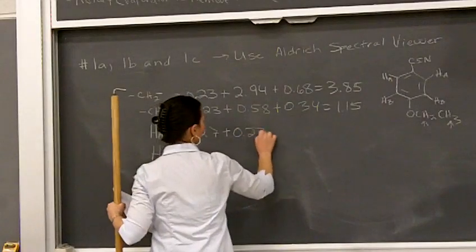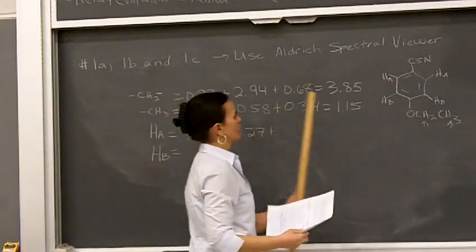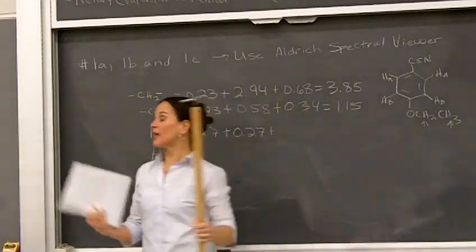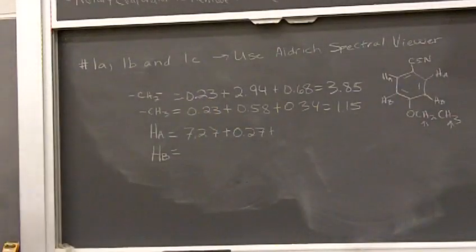The other thing that is ortho to HA is HB. In this case, on the aromatic ring, there is no change to the chemical shift if something is in the ortho, meta, or para position that's a proton. So the protons don't change the chemical shift.